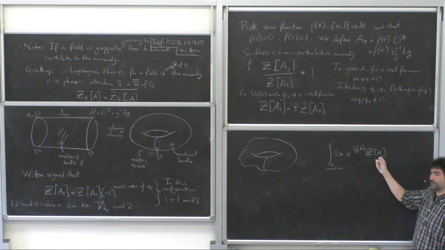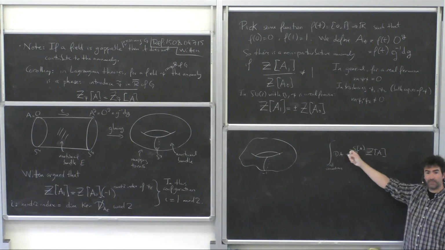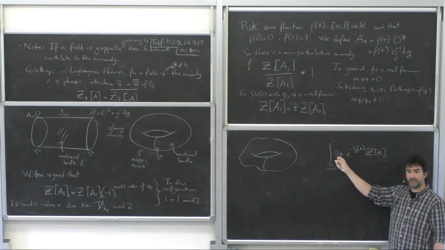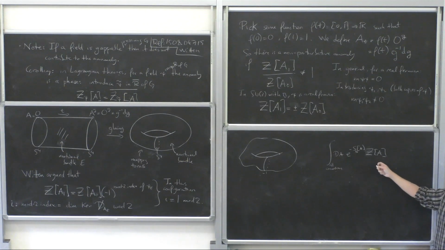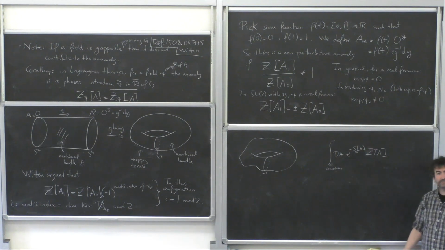We have the background field A, we give it some action, the Yang-Mills action for A, and we integrate over A. This is the same thing as the original path integral, because Z of A is already the integral over the fermions. So we do it in stages. First, we did the integral over the fermions, and we got this Z, and we want to gauge A, we sum over the A's with some action.